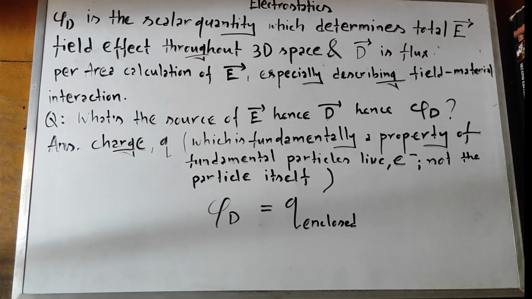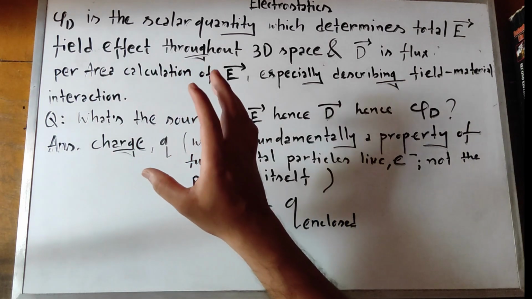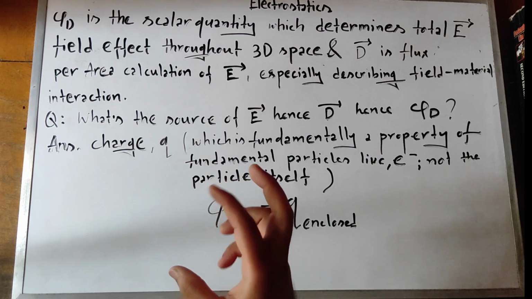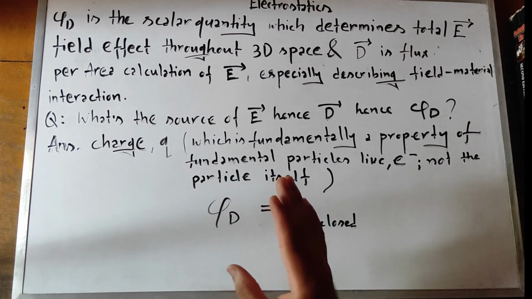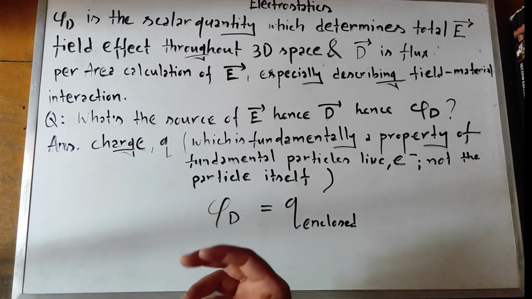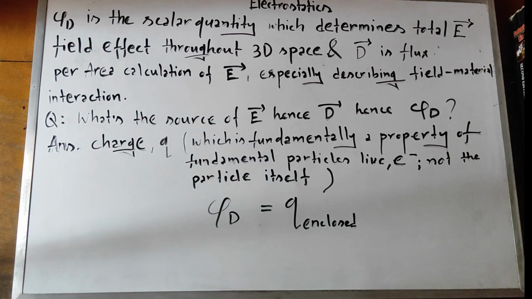So, back to this video. Today I'm going to try to explain the source of electric flux. The electric flux obviously exists in 3D space, near the source or sink.